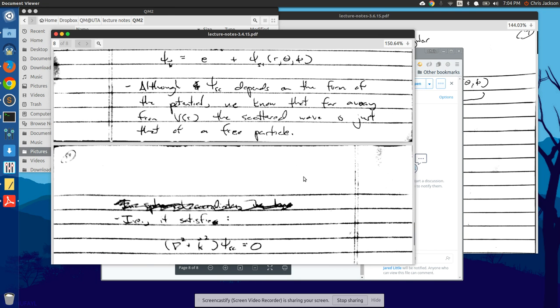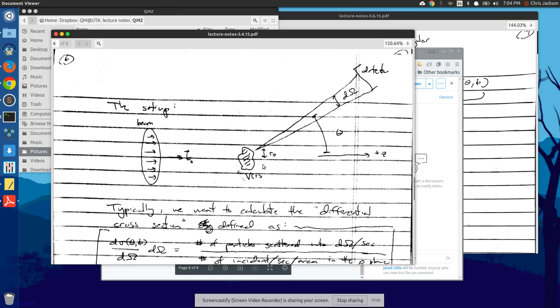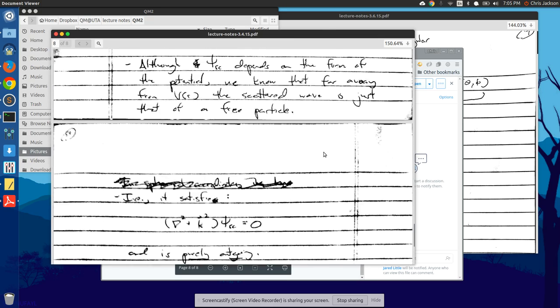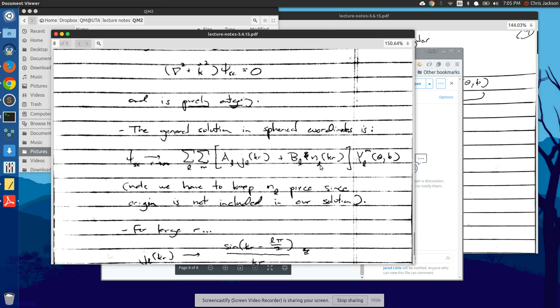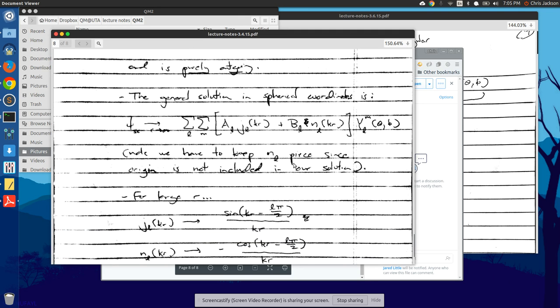The origin in this case corresponds to the center of this potential, and since we're considering regions out here, we have to keep the Neumann piece of the wave function. Okay, so we don't have the luxury of setting this coefficient to 0, so we have to keep both pieces.